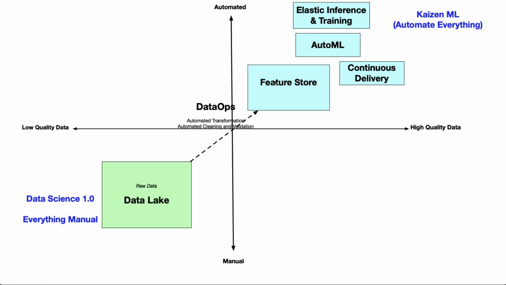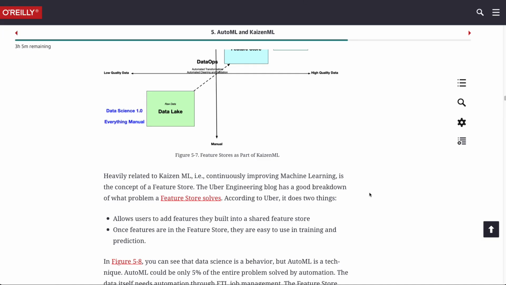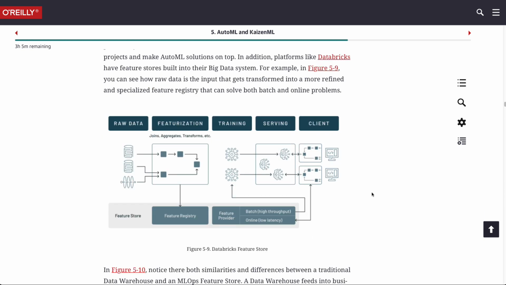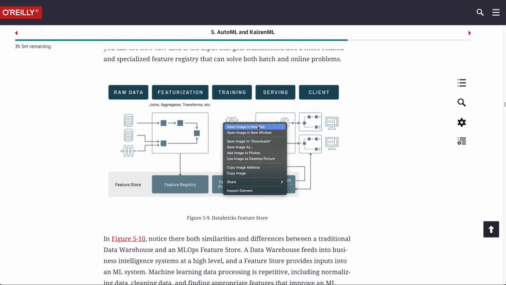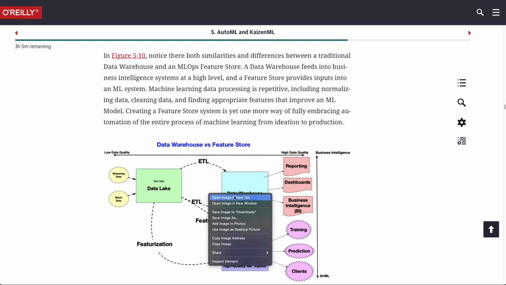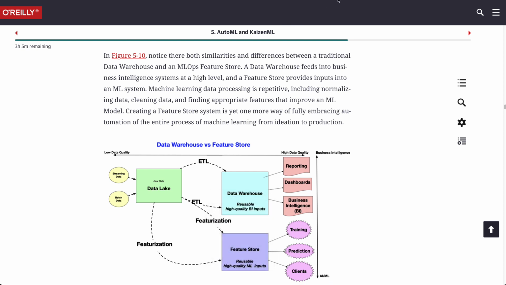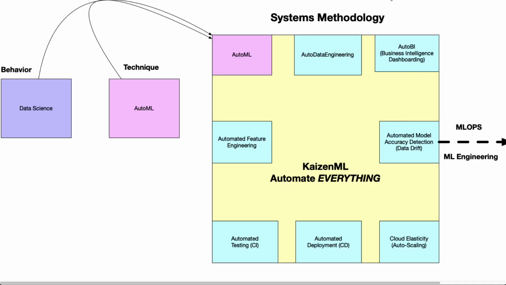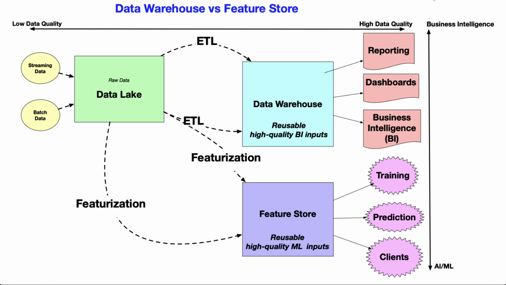Now let's talk for a second a little bit more about the feature store. If we scroll down here, there's a good example of the difference between a feature store and a data store. So what is the difference between a data warehouse and a feature store?